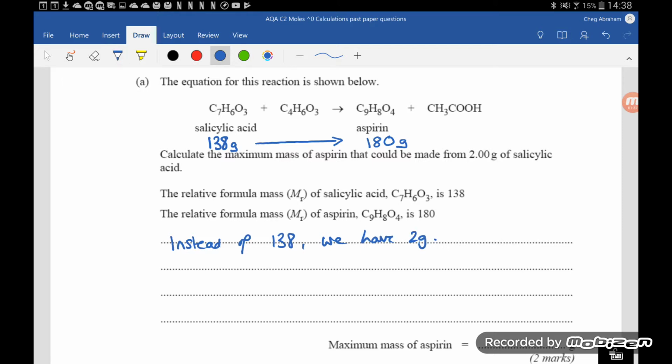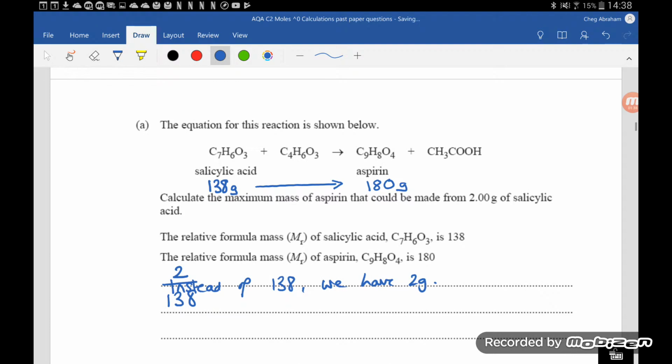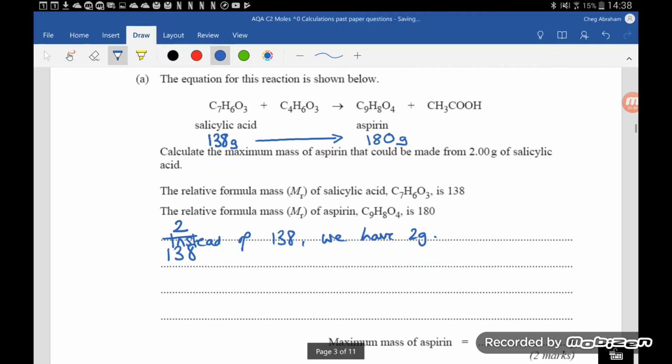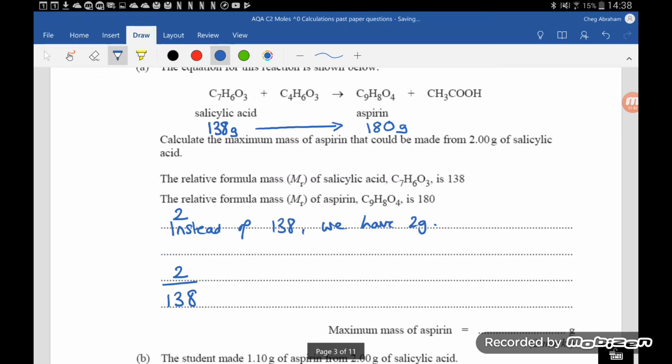And so the proportion of 138 is 2 over 138. And 2 over 138, just get my calculator, it equals 0.014 of the amount that would make 180 grams.